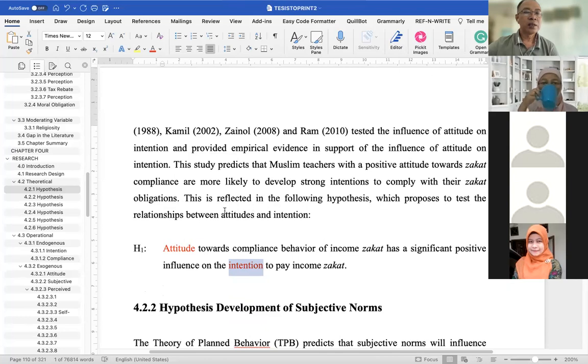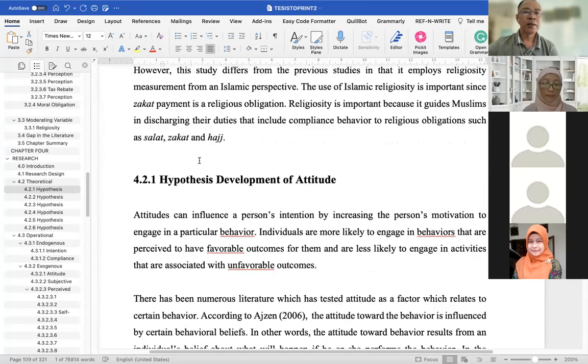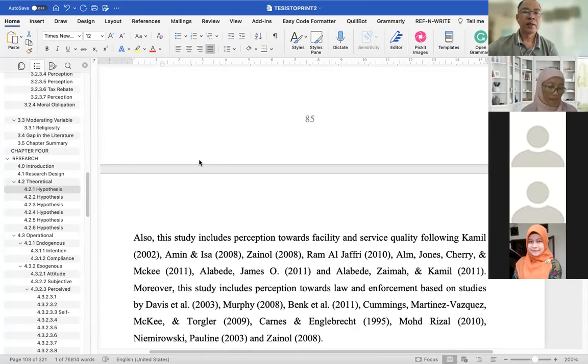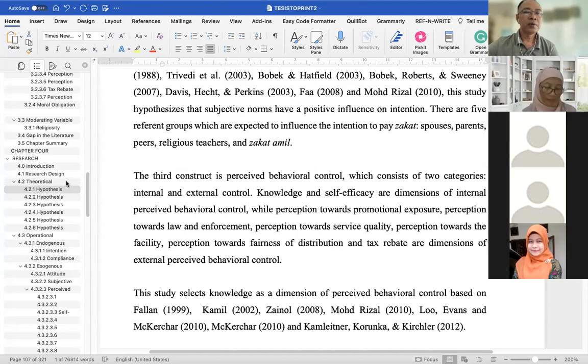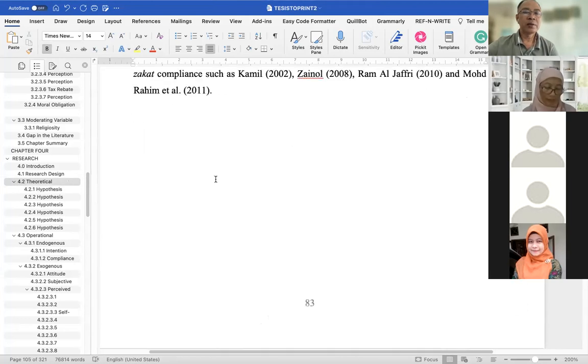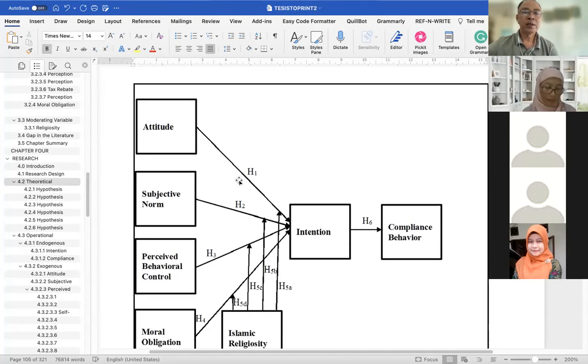So look at here. We have 6 hypotheses, right? And it is noted in the framework. It is written, H1 is the first hypothesis. So we have 1, 2, 3, 4, 5, 6 hypotheses.